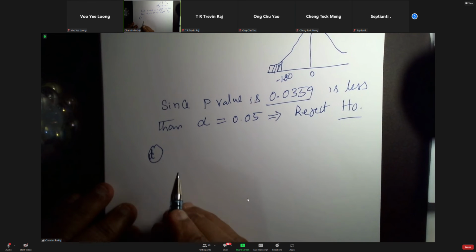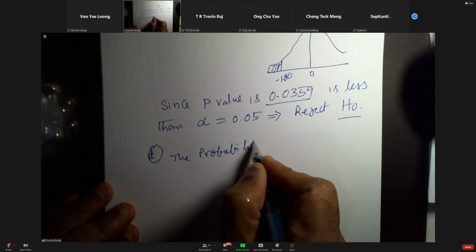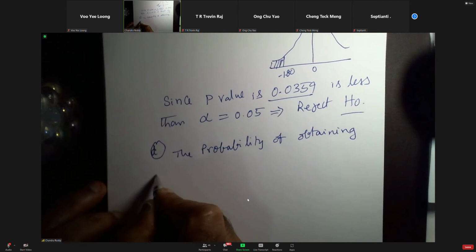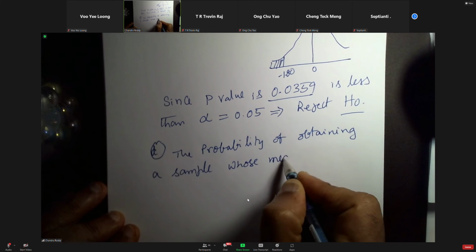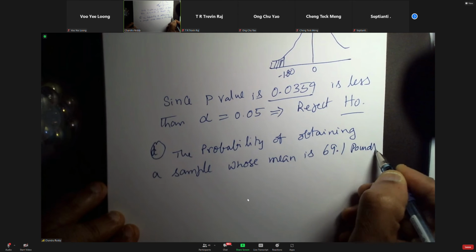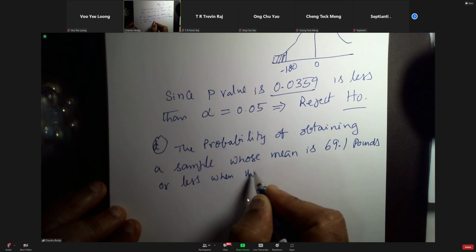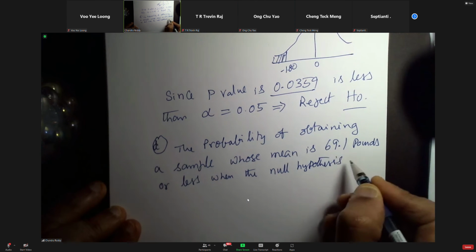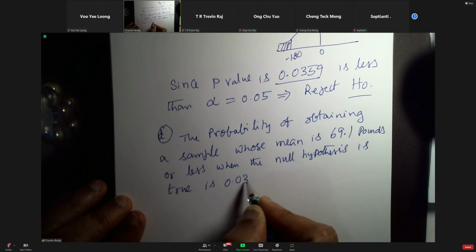The meaning of the p-value in this problem is that the probability of obtaining a sample whose mean is 69.1 pounds or less when the null hypothesis is true is 0.0359.